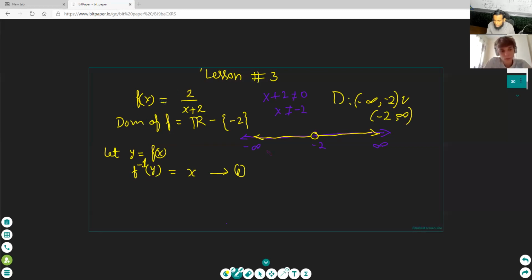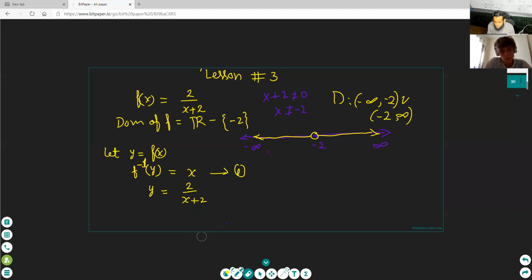Now we write y is equal to 2 upon x plus 2. We will find the value of x and put it here, then we get the inverse function. First we will find the value of x. This is the value of y, not the value of x.